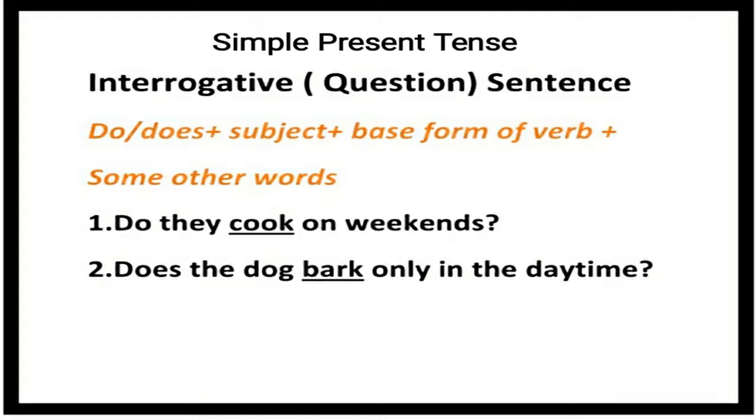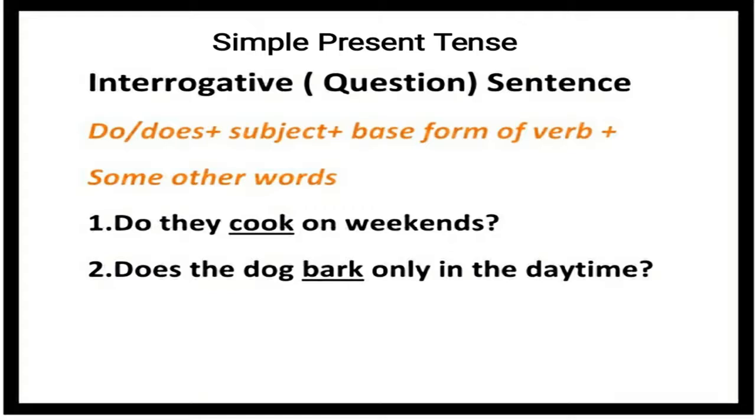See the examples. Do they cook on weekends? Do is your auxiliary verb. They is subject. They is plural. Cook is simple present tense, and the other words are on weekends, and it is followed by a mark of question.